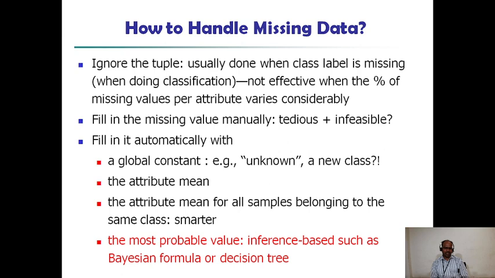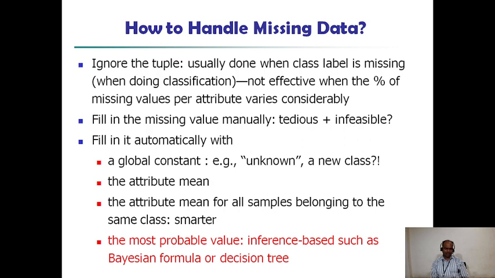If the values are missing, we may fill those values manually, but it takes a lot of time, or it may lead to some confusion, or it is a tedious and infeasible approach. Or we will fill the missing data with automatic values, or we can say a global constant. For example, we may fill with a value like unknown, none, or 0.